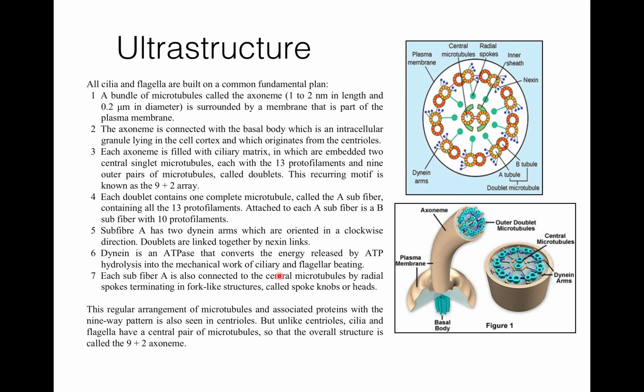Now, the ultrastructure of cilia and flagella. Cilium or flagellum, both are built on a common fundamental plan and are composed of two parts: the protoplasmic sheath and the axoneme, or axial filament.